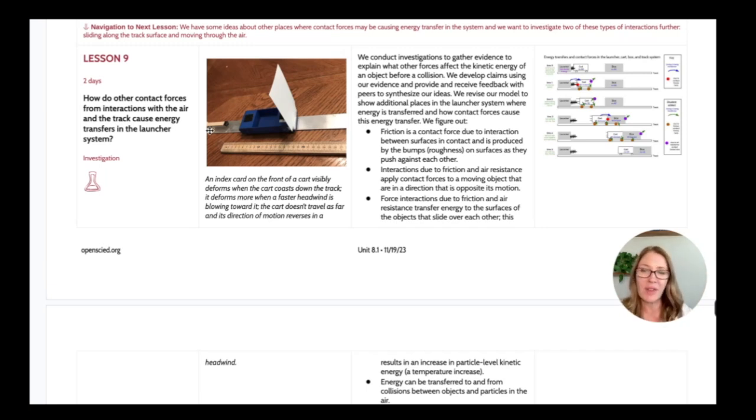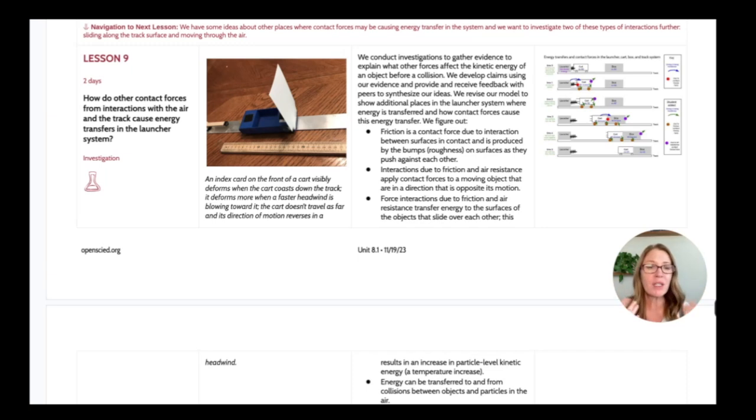And so you can see we've got that plunger on the spring push-pull spring scale, and it's going to make the cart move and the card's going to move. So we developed the terms air resistance and also friction, which is that contact force between the track and the wheels. And both of these interactions are contact forces that push against the motion. So if the cart is going this way, those contact forces are pushing this way.